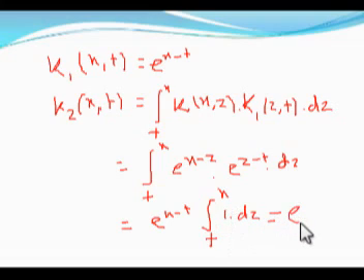So you will get e to the power x minus t times x minus t. This is our second kernel. First kernel this is, second kernel this is.